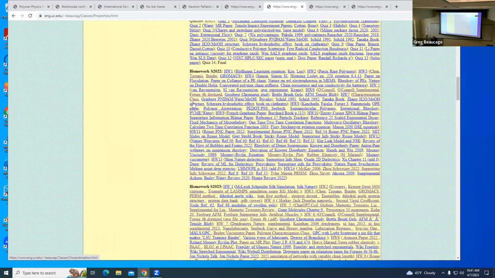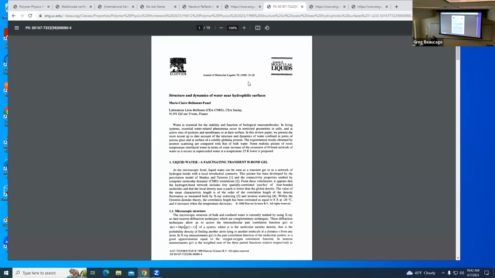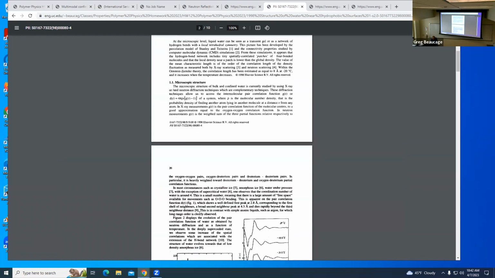The fields go back, like the water. Also the general topic of water, the dynamics of water and the structure of water near hydrophobic surfaces, 1998. This is also the French, near Grenoble, near the neutron place. He talks about neutron stuff in here too, but this is for biological.